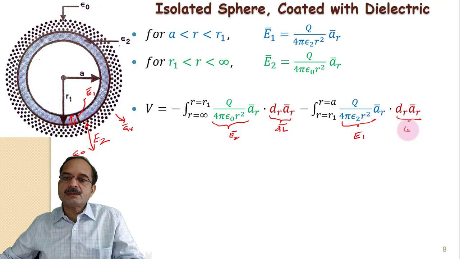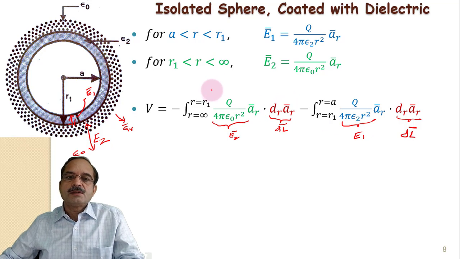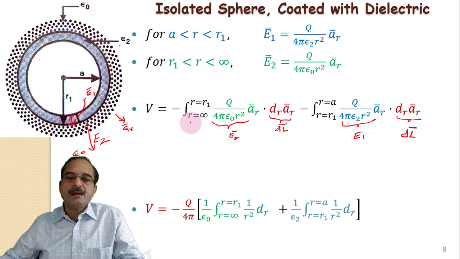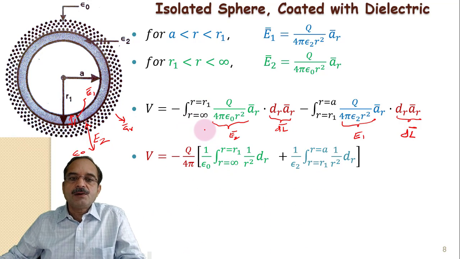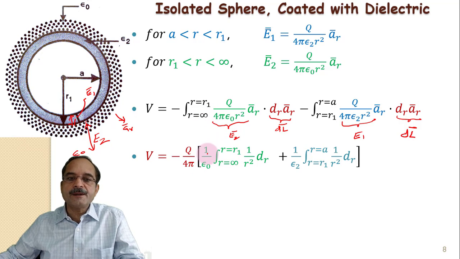So carrying out these dot products, AR dot AR is 1. So this becomes integral R equal to infinity to R1, this Q upon 4 pi taking outside. So this is 1 upon epsilon 0, R equal to infinity to R1, and integral dr upon R square, because AR dot AR is 1 here.